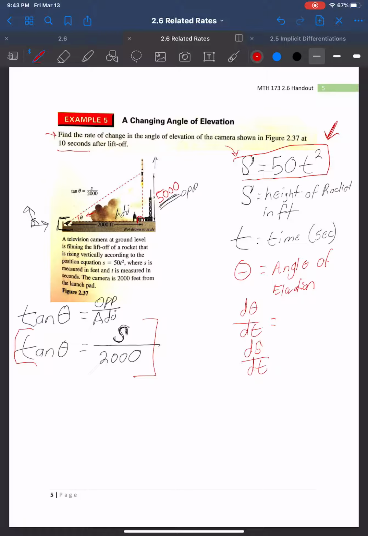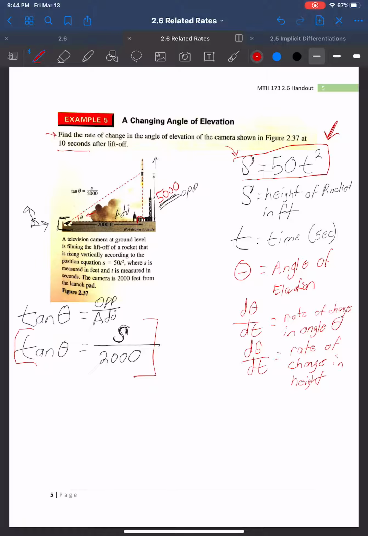I'm going to go ahead and tell you what d theta dt is. Well, remember, it's a rate, right? It's the rate of change in the angle. And S, ds dt, well, it's obviously a rate of change in the height of the rocket.